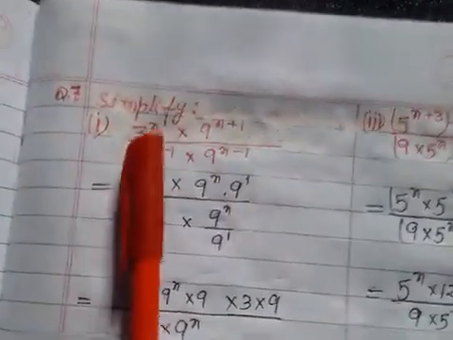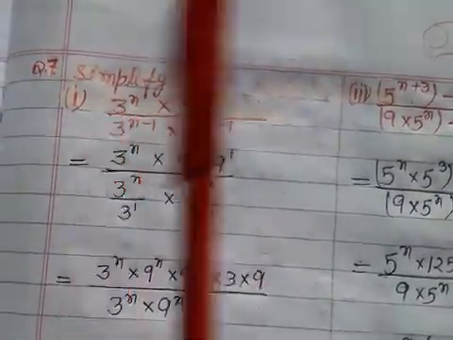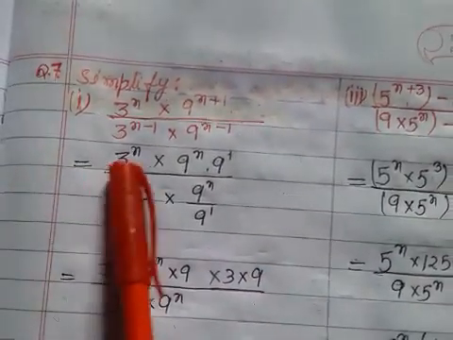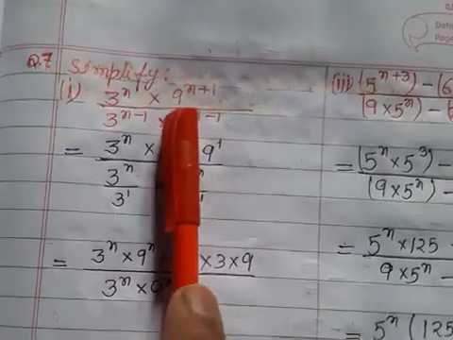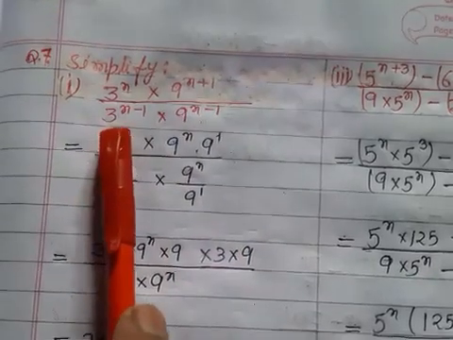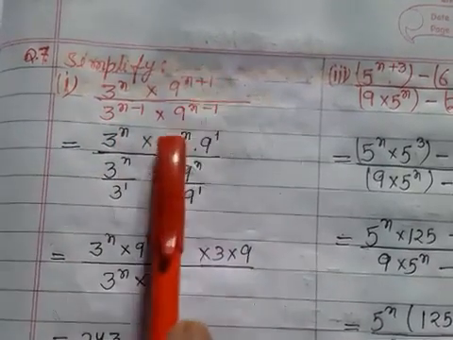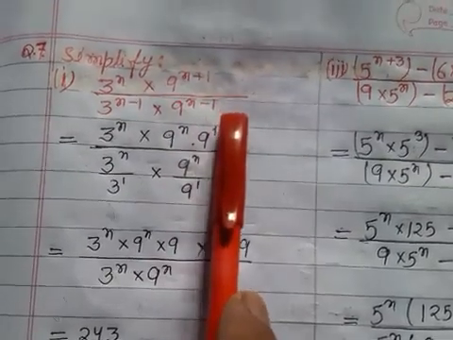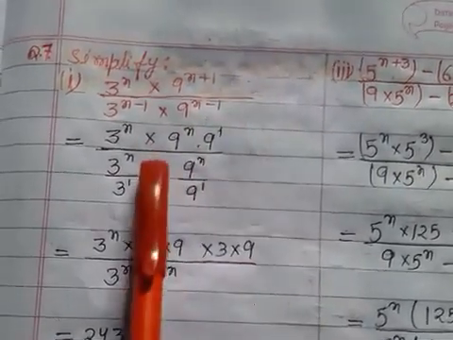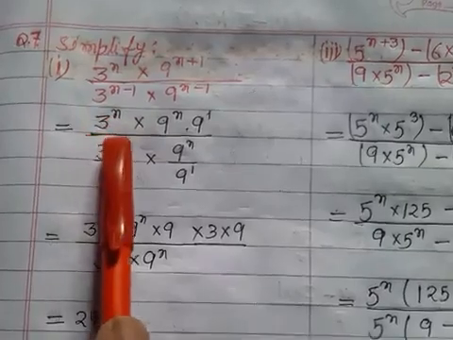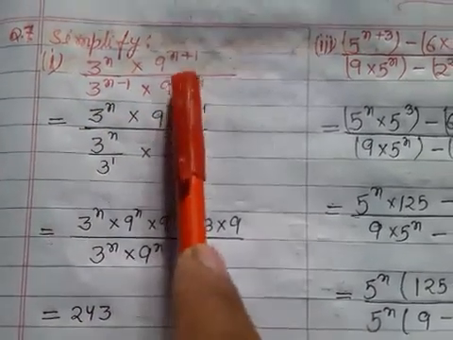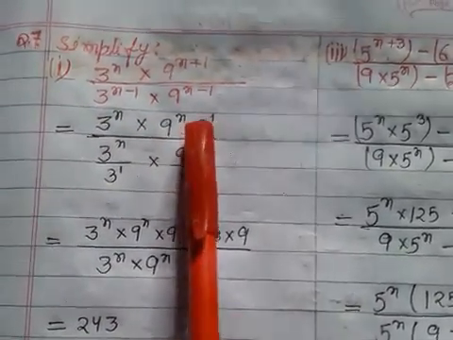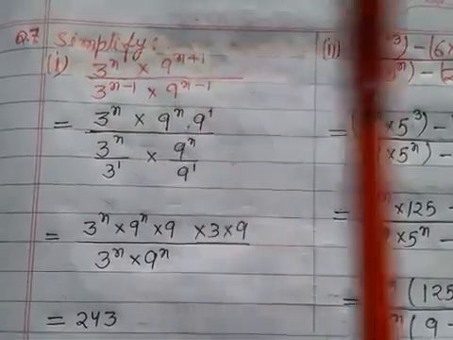Now question number 7, simplification. 3 to the power n into 9 to the power n plus 1 by 3 to the power n minus 1 into 9 to the power n minus 1. Okay, so we write 3 to the power n into 3 to the power n plus 1.